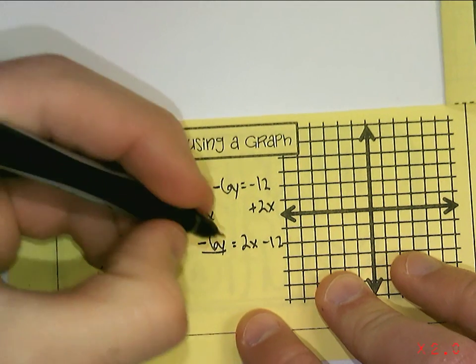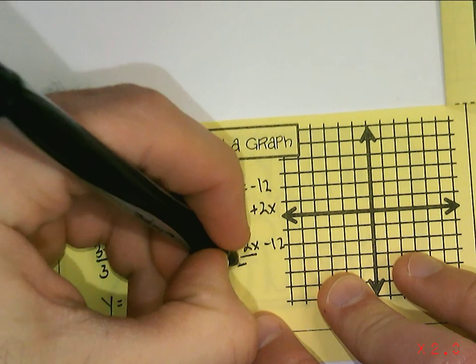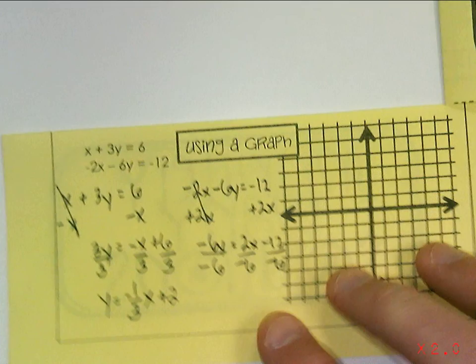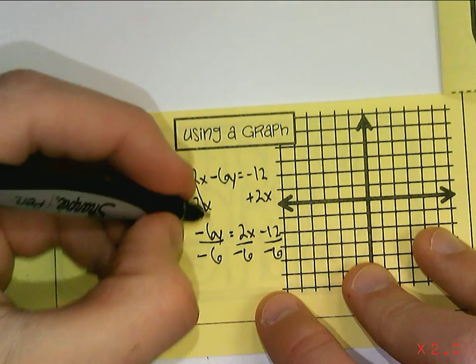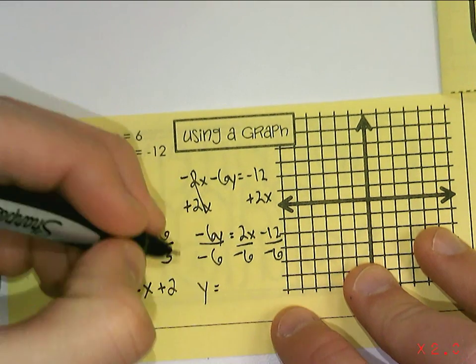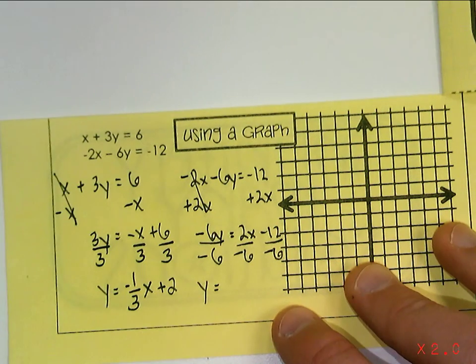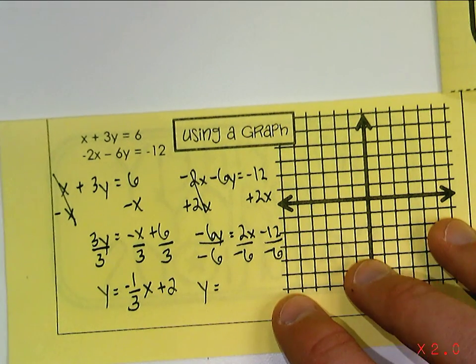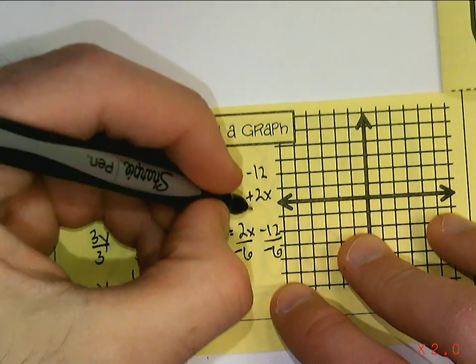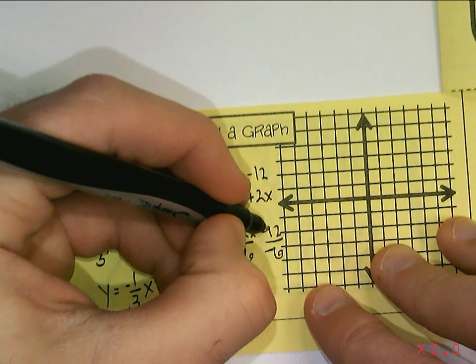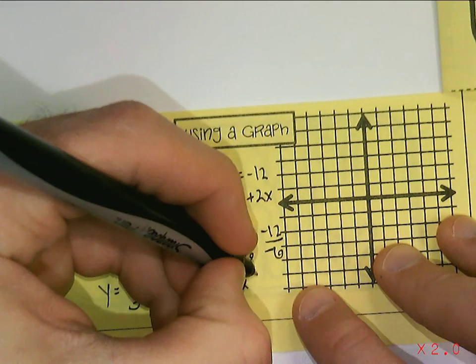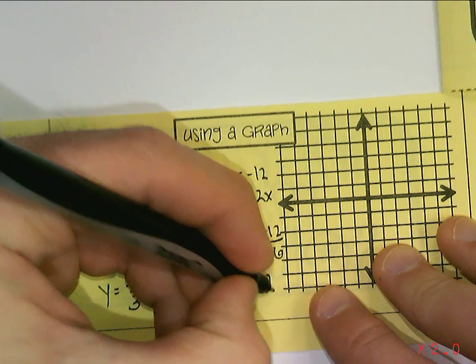Let's divide by negative 6. Negative 6 divided by negative 6 is 1, so y equals 2 divided by negative 6 would be, well, if you divide both of those by 2, you would get negative 1 over 3. x, negative 12 divided by negative 6 is plus 2.